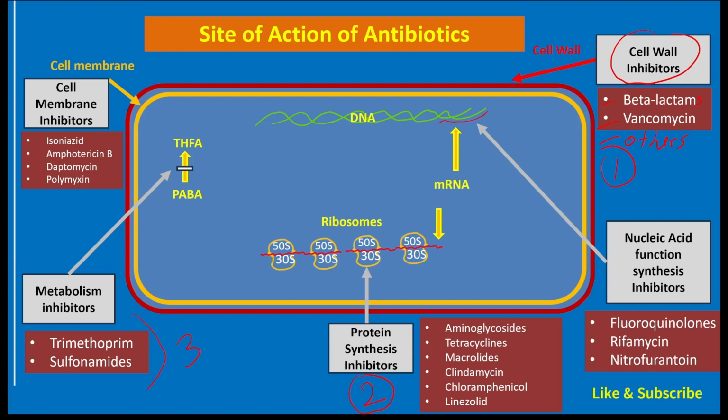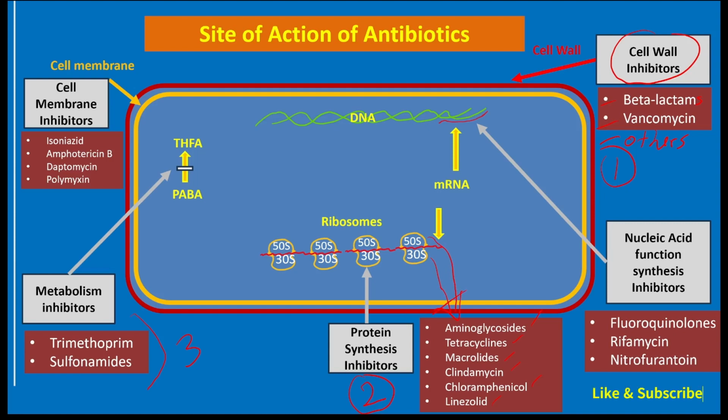Speaking about protein synthesis inhibitors, we have aminoglycoside, tetracycline, macrolide, clindamycin, chloramphenicol, linezolid. This is a list of medication considered protein synthesis inhibitors affecting the 30S subunit and 50S subunit. We are going to speak about that in detail in the next slides, later, not now.